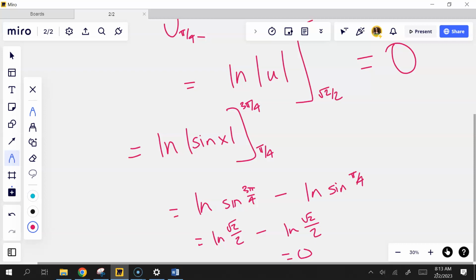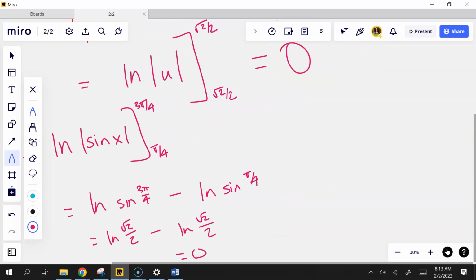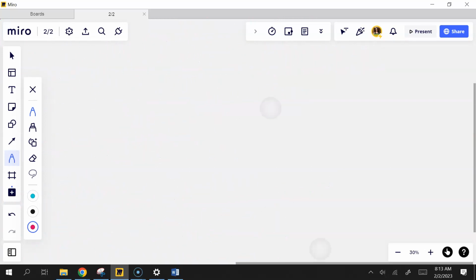Which other one did y'all say? 60? Ugh. From 0 to pi over 6, cosine to the negative third 2 theta, sine 2 theta. Oh, I think this might be an identity.